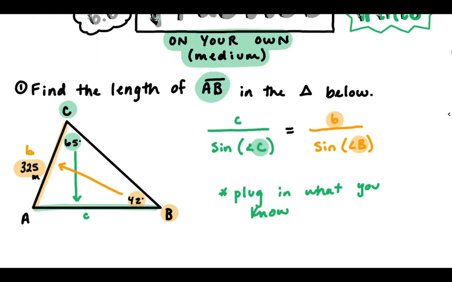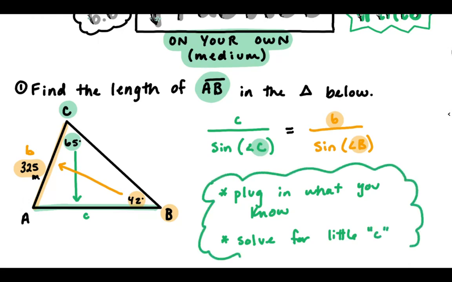That leaves little c as the only variable. Once we plug in, we solve for little c. That's the basic setup for a law of sines problem. If you need a refresher on how to solve for little c, you can check out the tutorial or try the check videos.